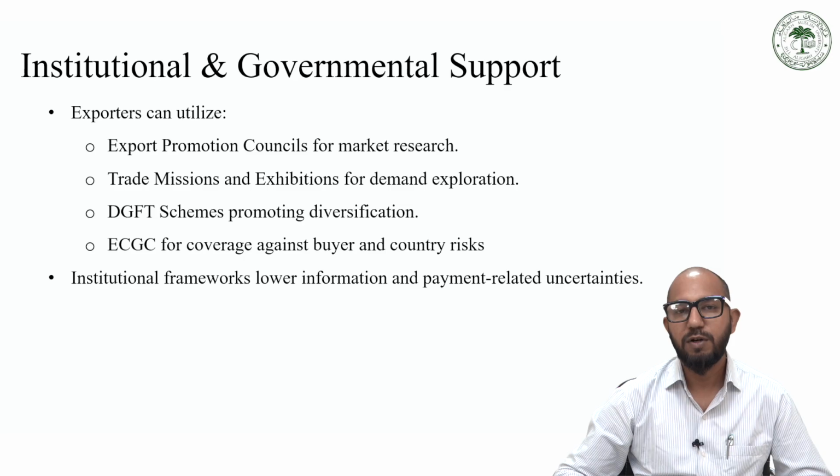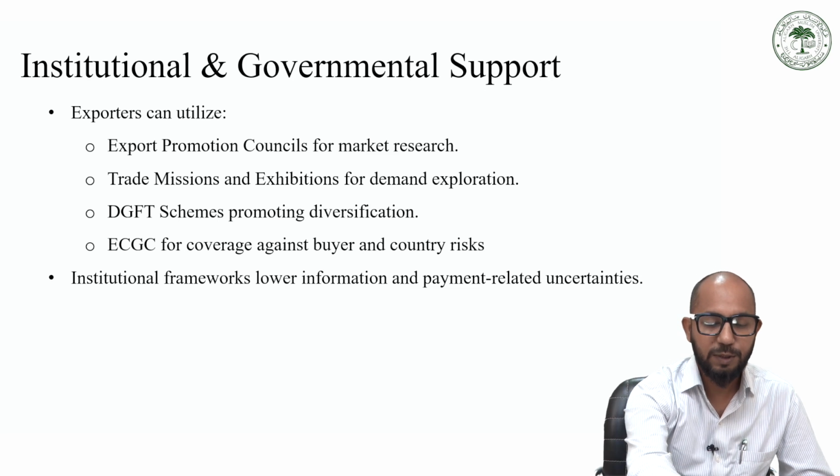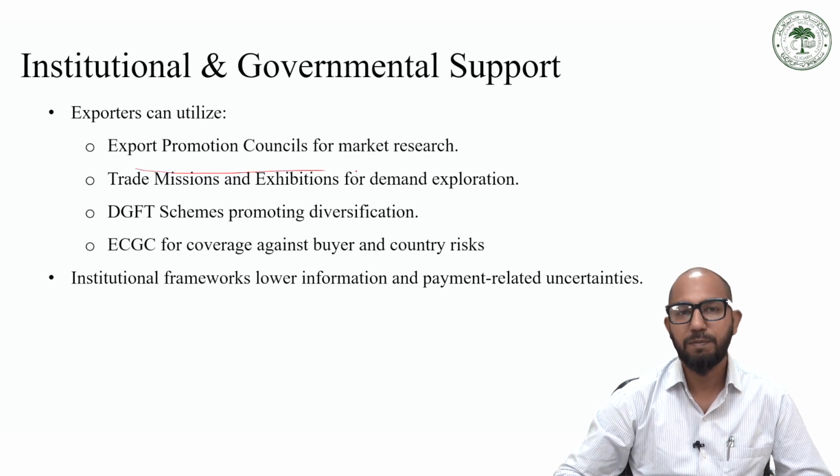Let us now try to focus on institutional and government supports. Exporters can utilize the export promotion councils which are present in their own countries and different other regions for market support in understanding market through market risk, as well as identifying the possible and probable types of risk.